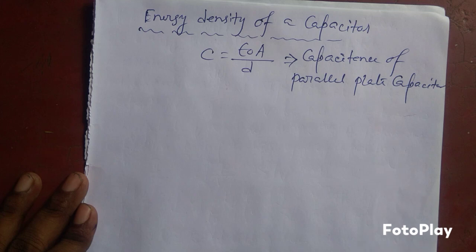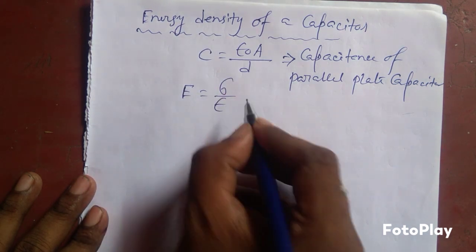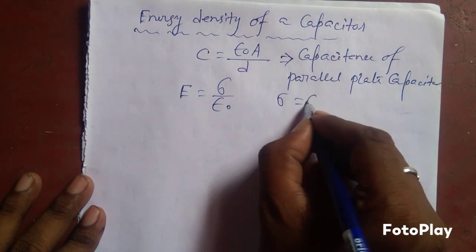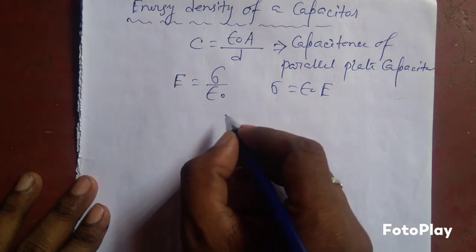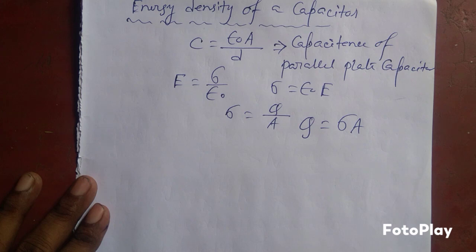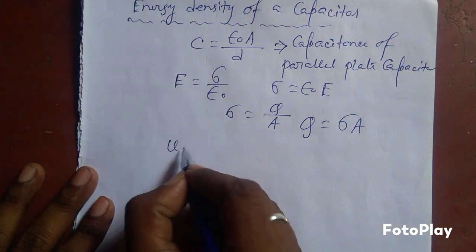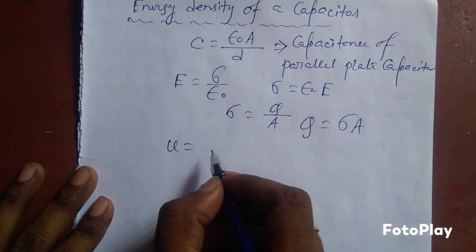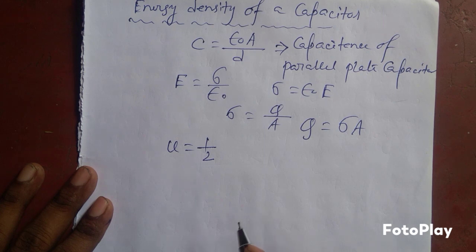We know that E equals sigma by epsilon 0, that is sigma equals epsilon 0 into E. Again, we know sigma equals Q by A, so Q equals sigma A. From these equations we can derive U. We know U equals half CV square.